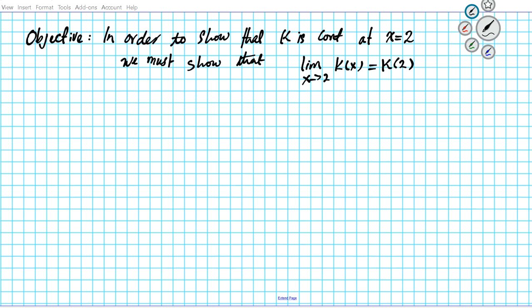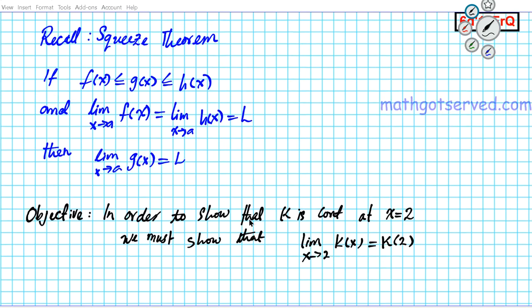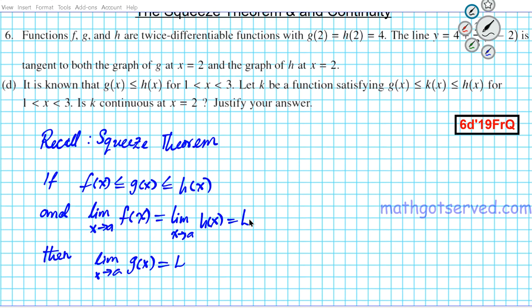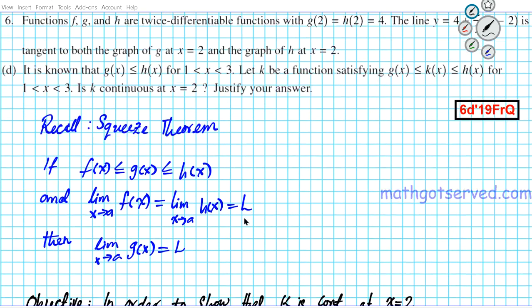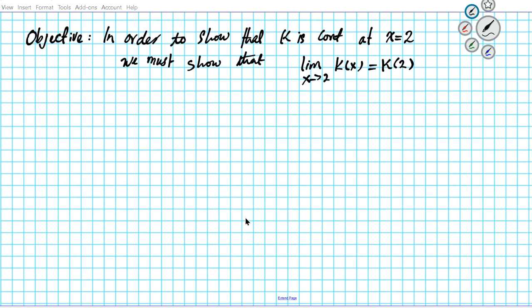So in the original part of the problem, if we scroll up, it stated that the functions g and h are differentiable. Okay? So what's the condition for differentiability? We went over this in the previous part. Let's go over that again.